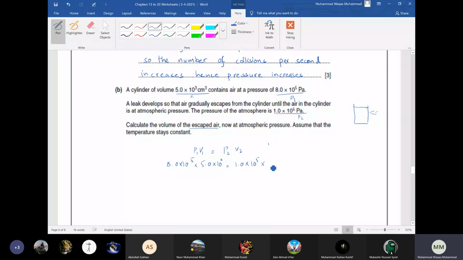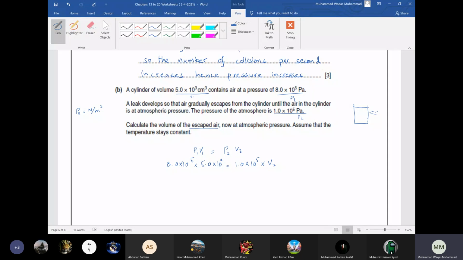And V2. Now, beta, here two things are important. First, beta, we know Pascal is equal to what? Pascal is equal to Newton per square meter, right or wrong? Yes, sir.